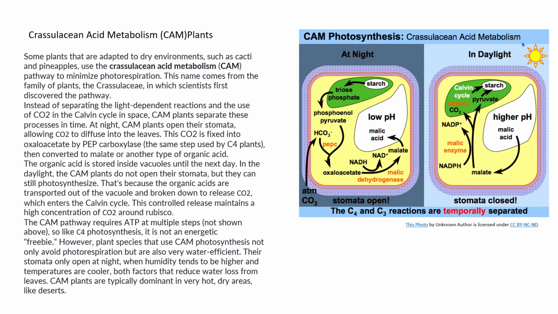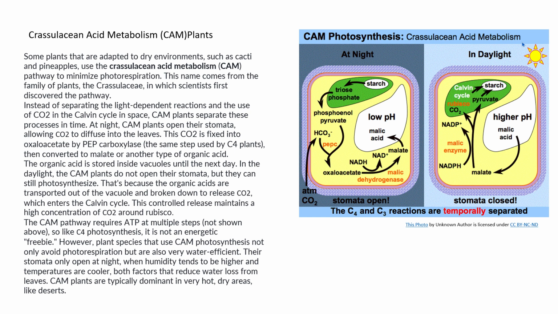Okay, the main thing is that instead of separating the light dependent reaction and the use of the CO2 in the Calvin cycle in space, CAM plants separate this process in time. So the CAM plants are separating all the process in time.